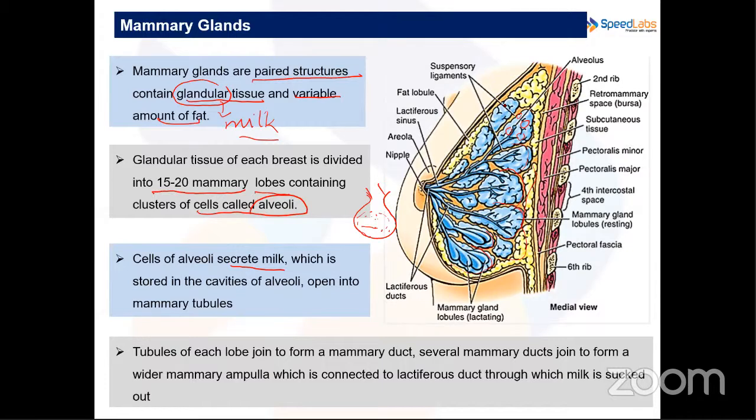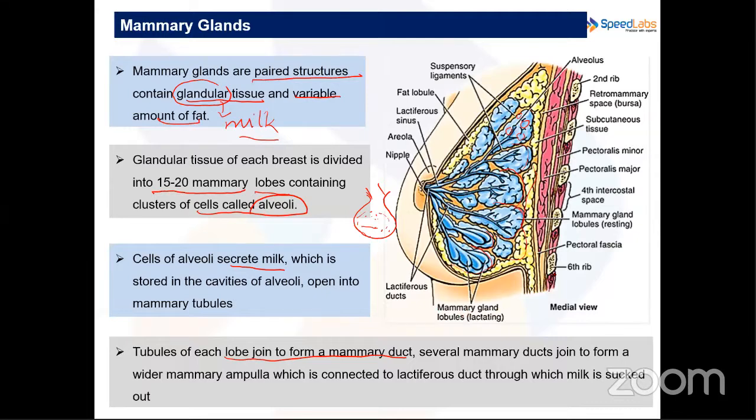You have the fat layer all around, then you have the mammary lobes, alveoli inside the lobes. Then you have ducts coming out from the alveoli that merge and form the mammary tubules. Each mammary tubule joins to form a mammary duct. So you have the alveolus, the mammary tubule, and then the mammary duct.